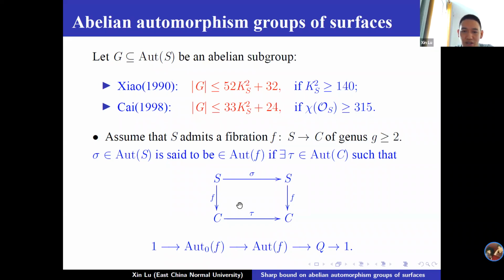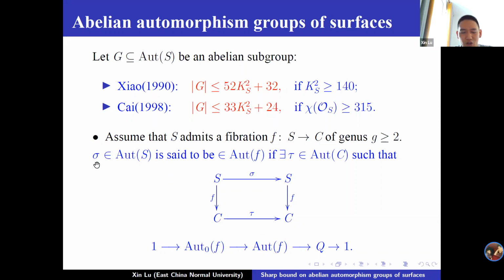And because any automorphism in Aut(f) keeps the fibration f invariant, we have an exact sequence for this subgroup, that is Aut(f). Here Aut_f is the subgroup which keeps every fiber invariant. That is, for every fiber, it maps to itself.